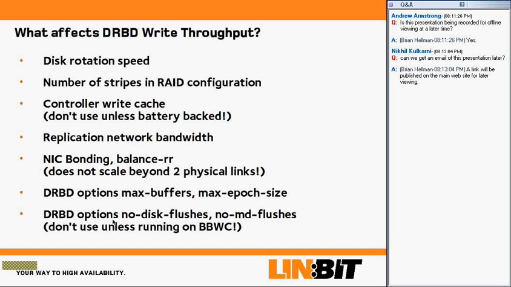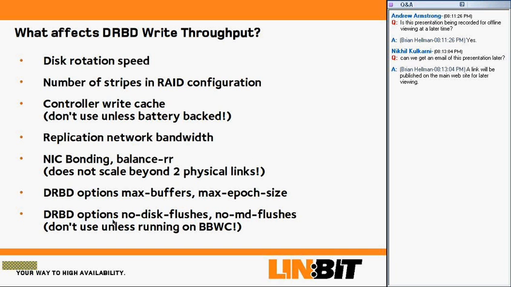You should understand that that sort of bonding does not scale indefinitely in terms of throughput. Because NIC bonding is greatly affected by TCP reordering that has to take place on the secondary, and not just for DRBD performance but for general raw network performance as well, bonding does not scale beyond 2 physical links.